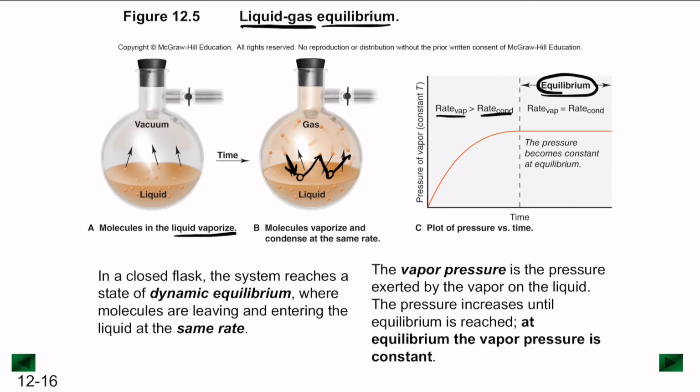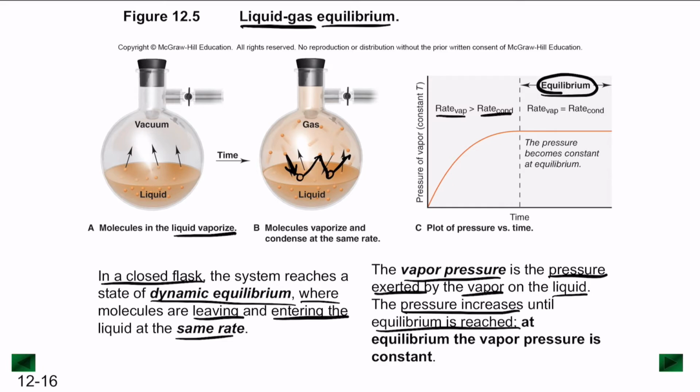In a closed flask, the system generally reaches a state of dynamic equilibrium, where the molecules leaving and entering the liquid are at the same rate. The vapor pressure is basically the pressure exerted by the vapor on the liquid, and this pressure increases until equilibrium is reached, and at equilibrium the vapor pressure becomes constant.